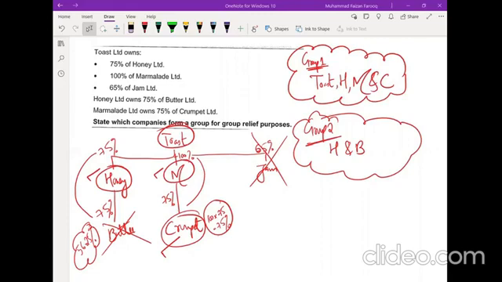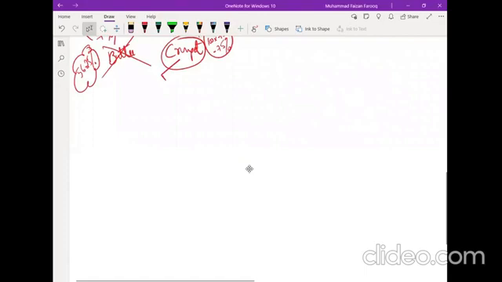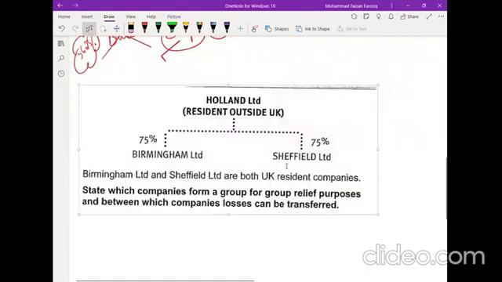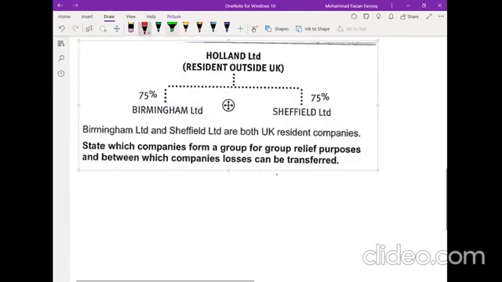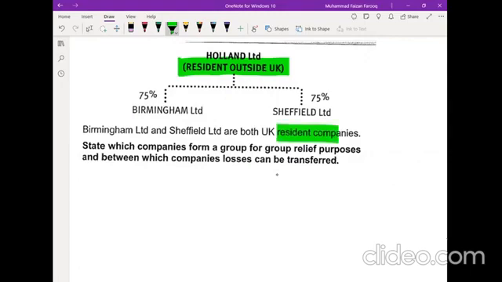If you see this example I am sharing now, Holland Limited is written as resident outside the UK. But the two companies it is acquiring, Birmingham and Sheffield, are both in the UK.